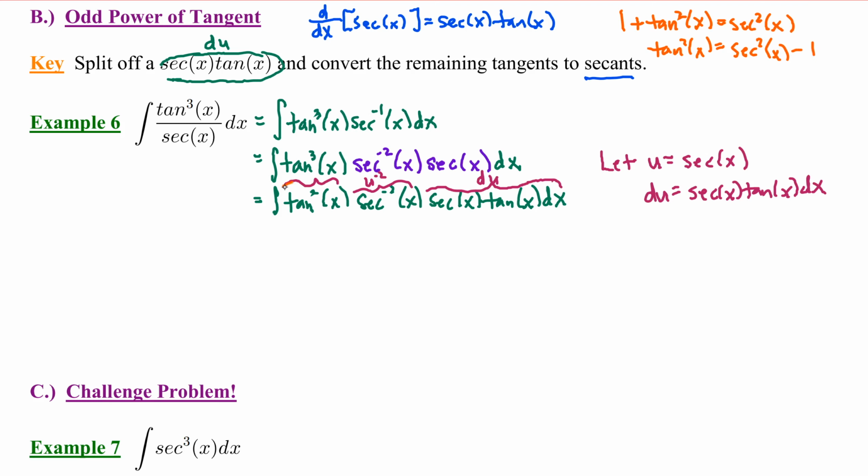So I'm going to replace this with its equivalent in terms of secant. It's going to look like the integral of secant squared of x minus 1, and then all the rest of this is going to stay the same for this step.